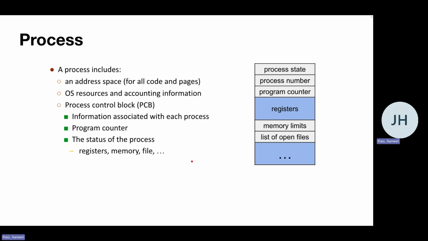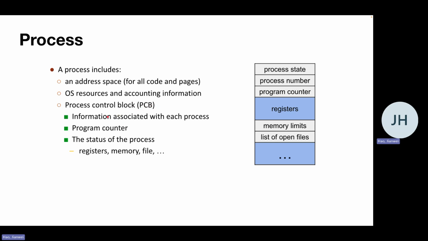Let's review the process. We discussed this in the first part of the concurrency. A process has an address space for all the code and the pages, the OS resources and accounting information, and also a PCB, the process control block.